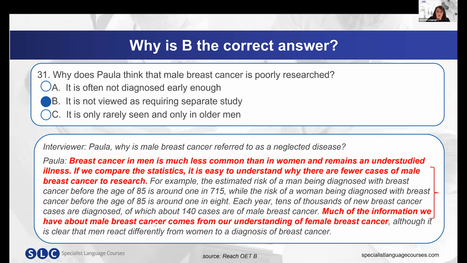And then we listen to the end, and she states that the information we have about male breast cancer comes from our understanding of female breast cancer. So she's inferring that the reason it's poorly researched is because some people believe it doesn't require separate study. So we need to infer our answer here.